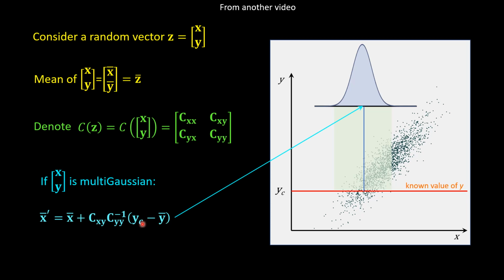So yc now contains the values that I have just acquired of y. And because x and y have cross covariances, knowing something about one is able to tell me something about the other. The posterior or the conditional mean of x is given by this blue equation. Note the importance of the cross covariance terms.